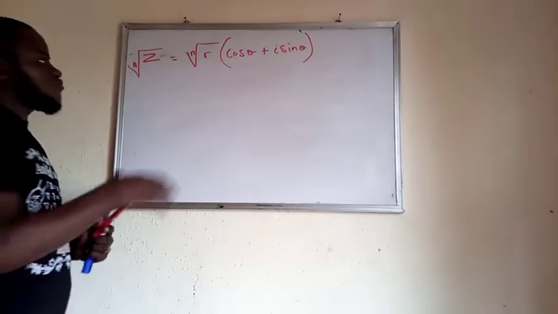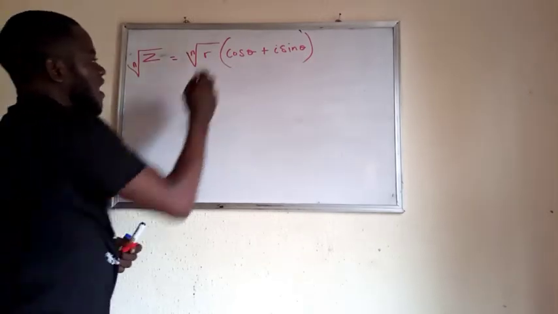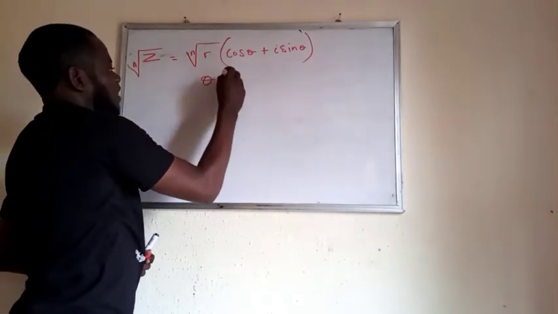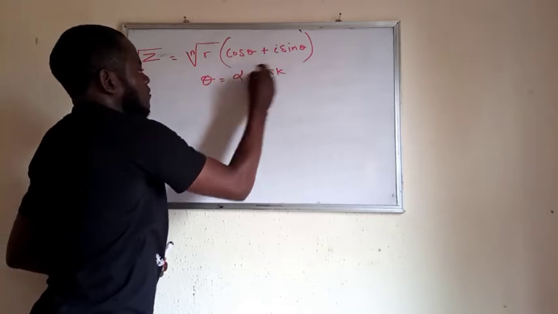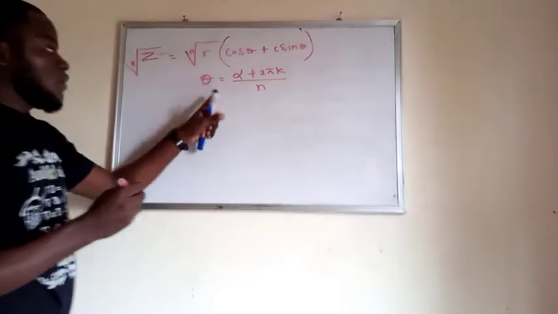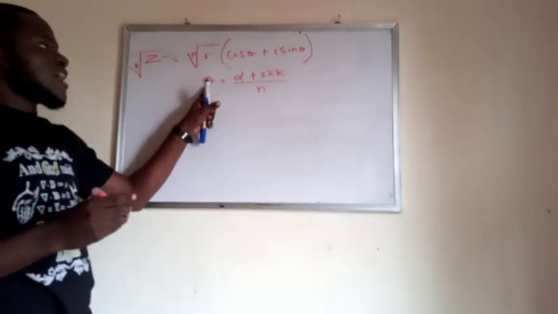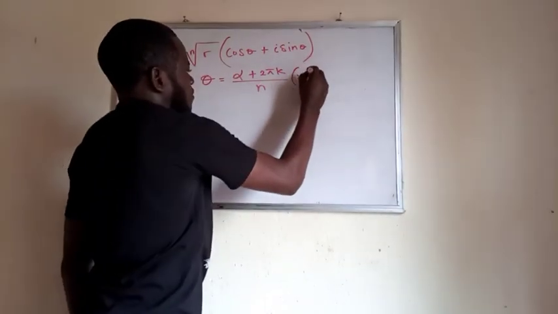This is the nth root of any complex number, where theta, the principal argument, is (alpha plus 2 pi k) divided by n. That is, if they want you to leave the principal argument in terms of radian.